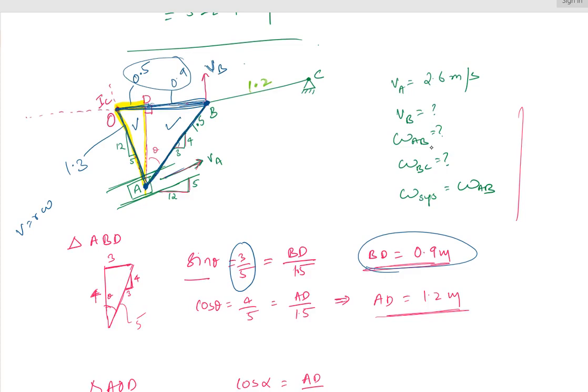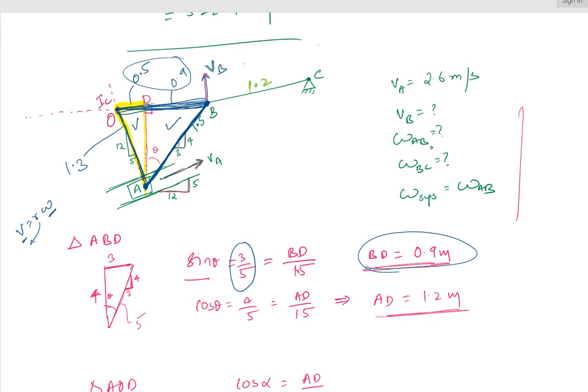In the same way, it is the same arm that is connected to B, so the angular velocity of that arm is equal to VB divided by that radius OB.